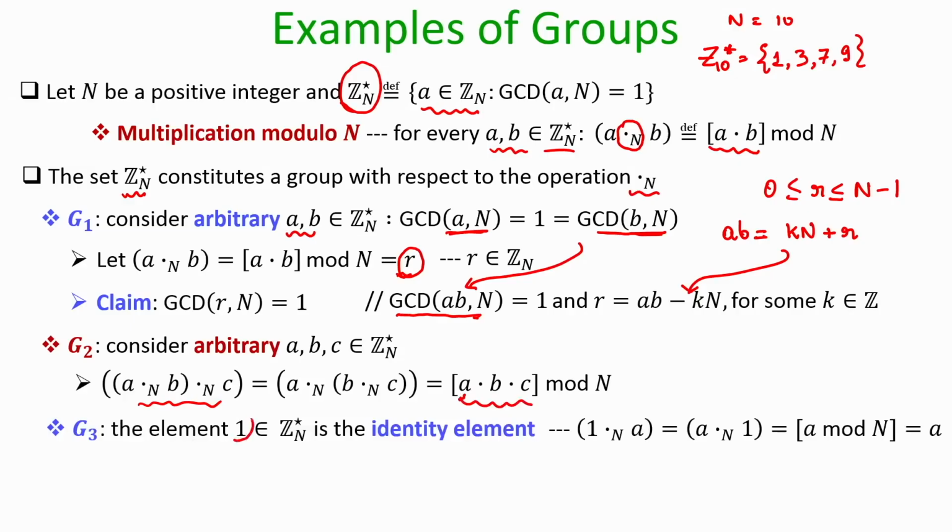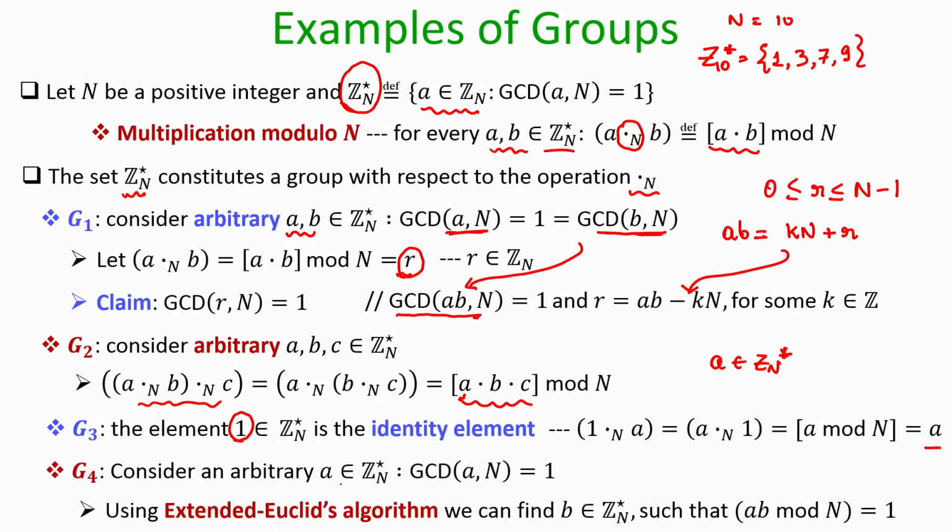The element 1 is always present in Z n star, and it is the identity element, because you take any element a belonging to Z n star, you multiply 1 with a, and then if you take modulo n, the result will be a itself, because since a is a member of Z n star, a is strictly less than n. So, the effect of mod n will not take place.